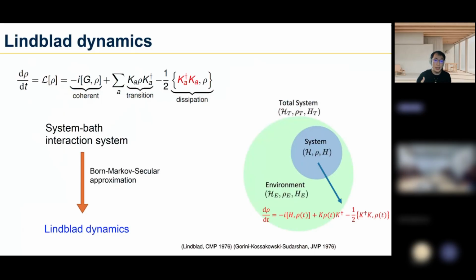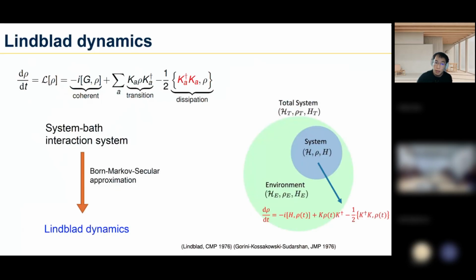Okay, basically, in the literature, people can rigorously prove that when we have these kinds of approximations, the solutions to the open quantum system can be approximated by the solutions of my Lindblad dynamics. However, in practice, sometimes these approximations might not be true, meaning that the Lindblad dynamics is not always a good approximation to the open quantum system.